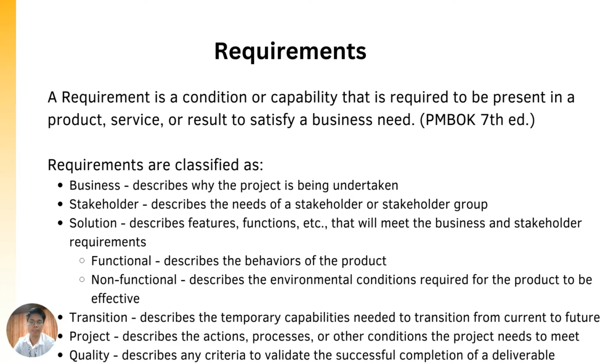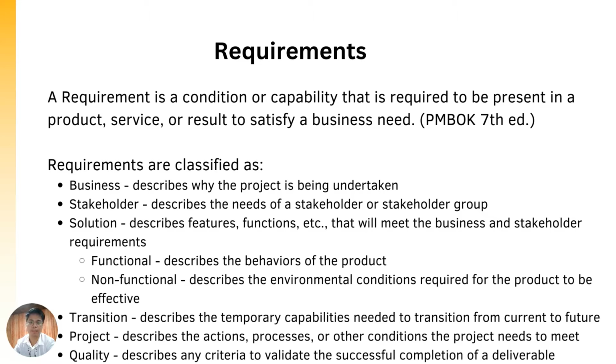This is further divided into the functional and non-functional requirements, wherein the functional describes the behaviors of the product, while the non-functional requirement describes the environmental conditions required for the product to be effective.